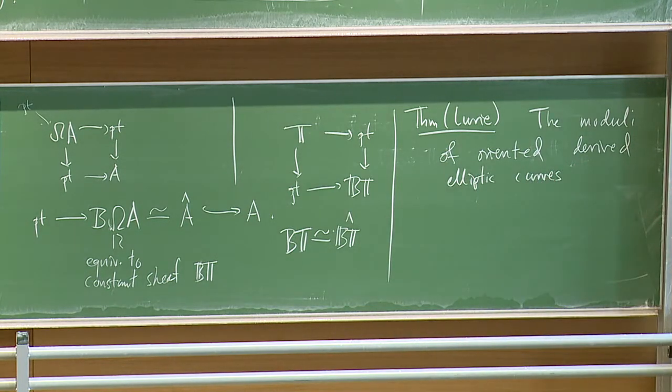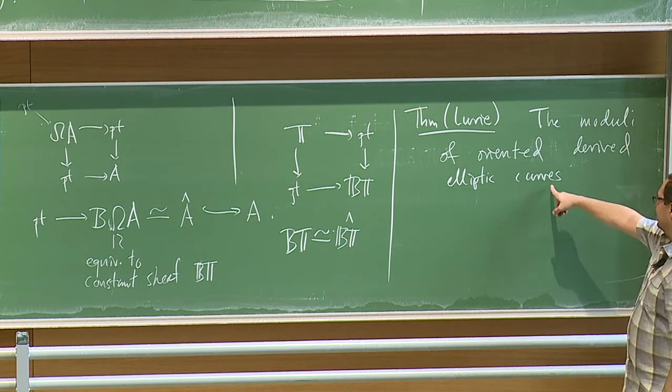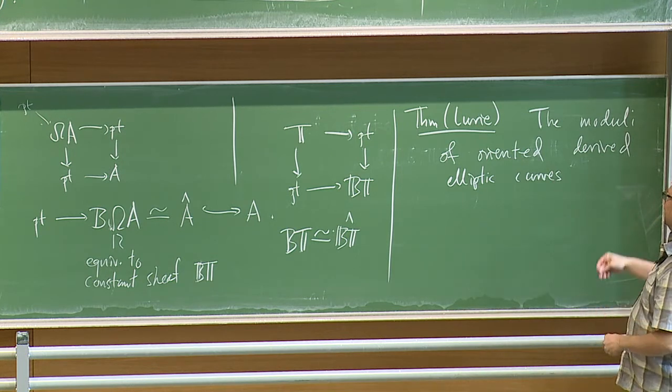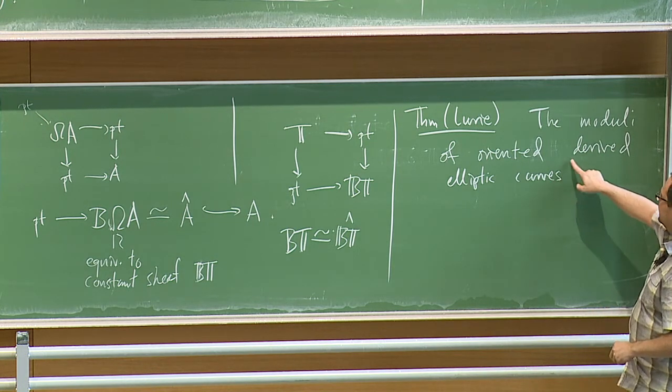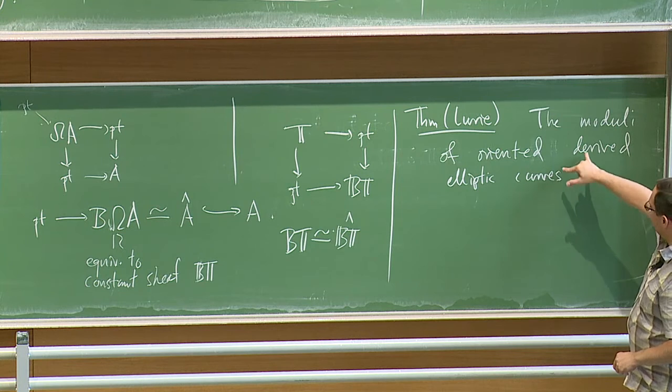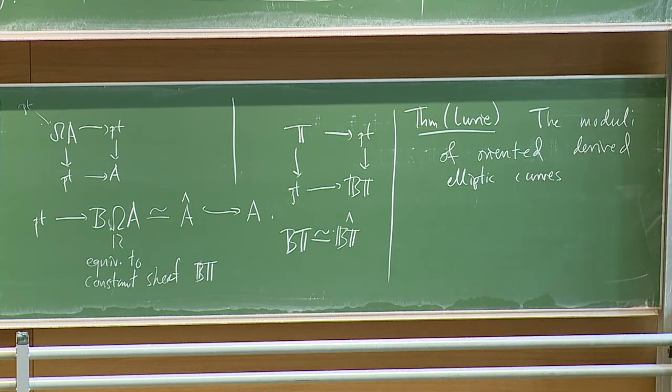So let me just explain briefly what a derived elliptic curve is. It's a derived scheme which is an abelian group, and it should be flat over the base, and the underlying ordinary scheme should be an elliptic curve.